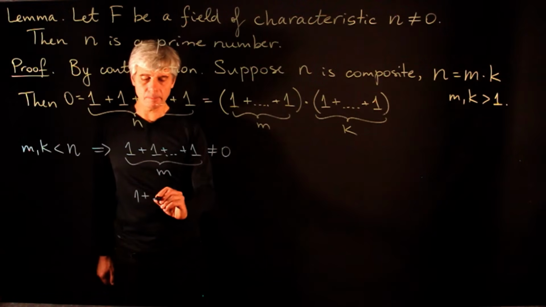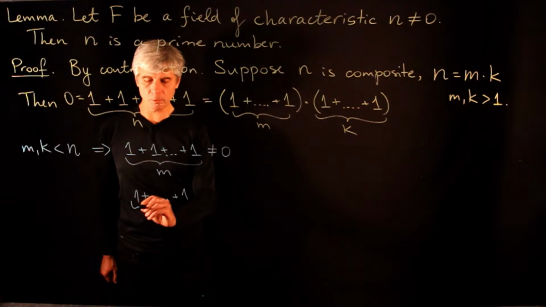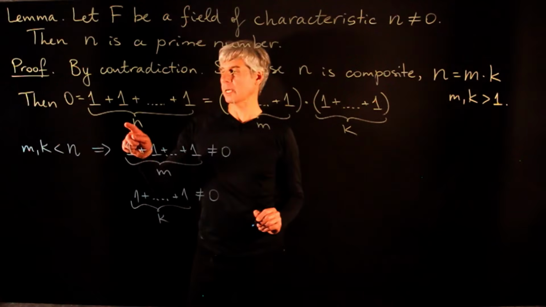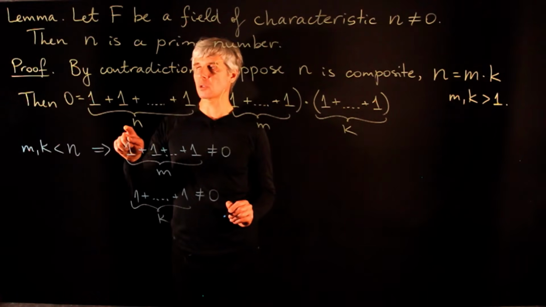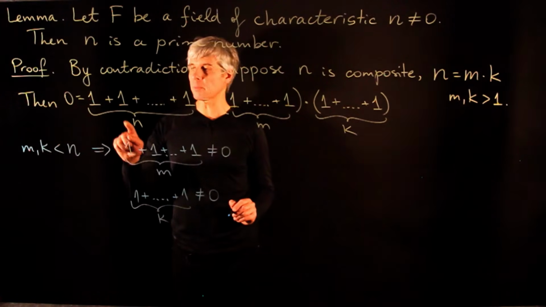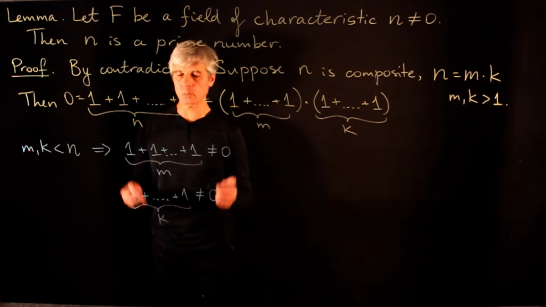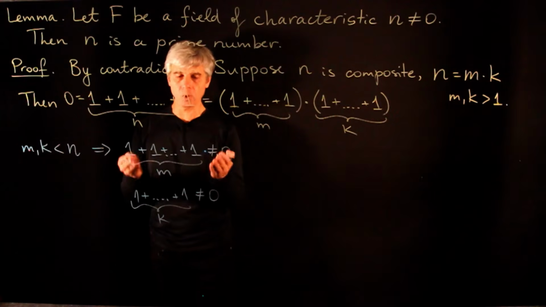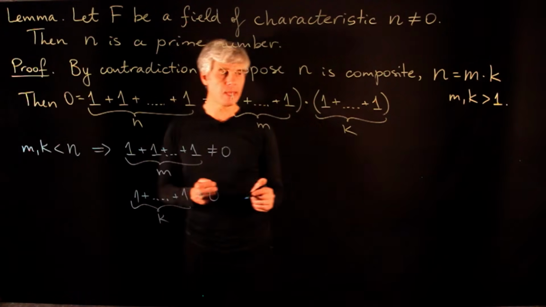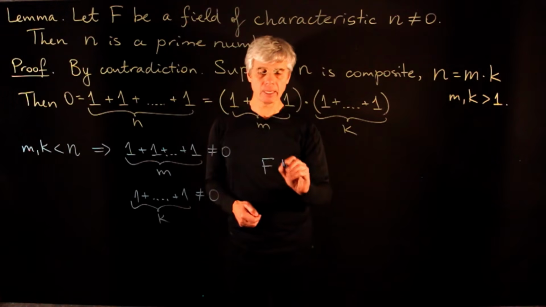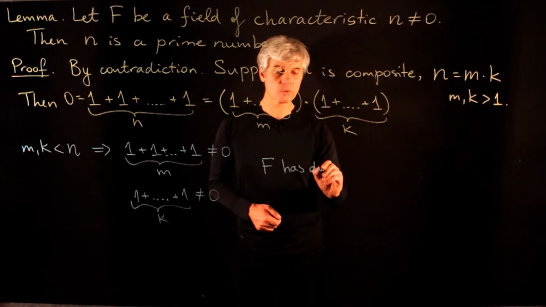And the same is true for the sum of k ones. So smaller numbers of ones will not give us 0. And here, what we obtain is that F has divisors of 0.